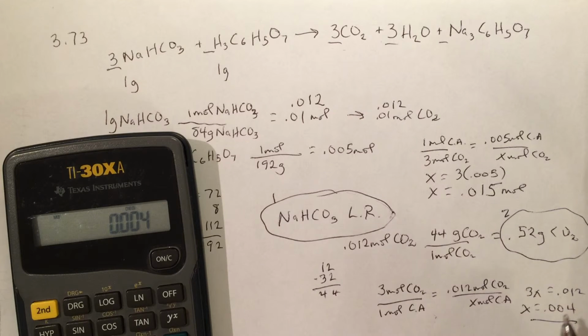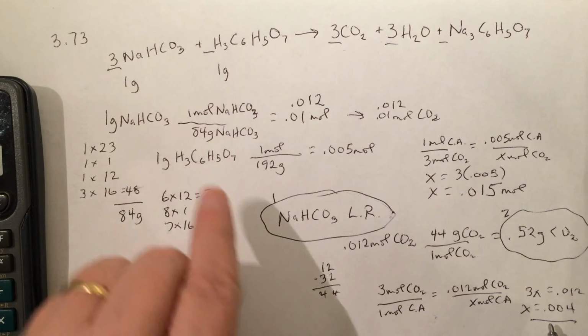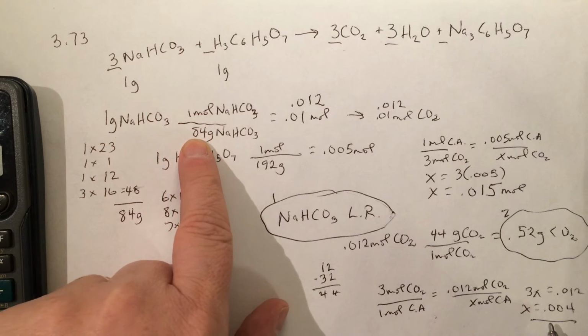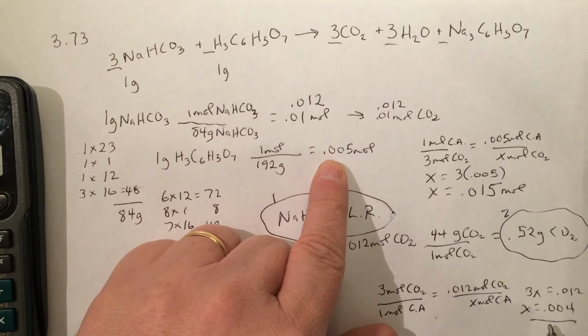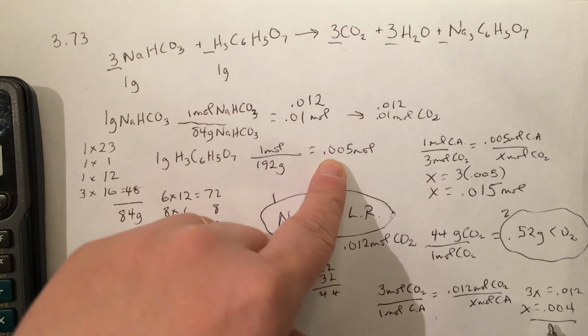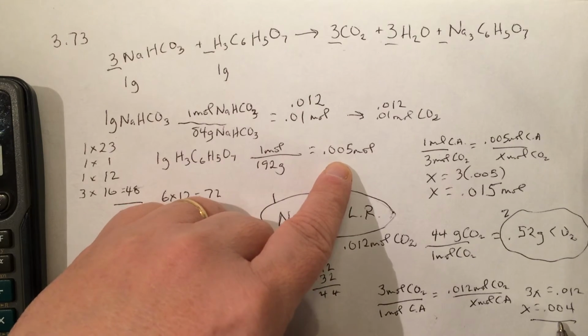So this is 0.004. This is how many moles that I actually used. How many moles did I have? Okay, with 1 gram, how much is that? Well, that is 0.005. So this is how much I had total. This is how much I used. The rest is left over.